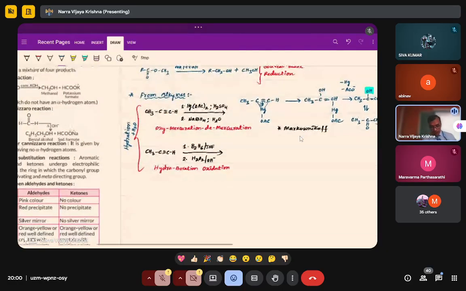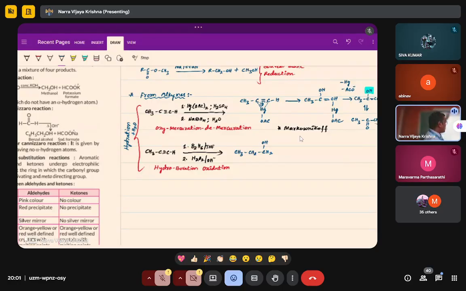But in the HBO reaction, OH got added to the less substituted carbon and H went to the more substituted carbon. Are you able to understand? Now, in oxymercuration demercuration, OH is coming on the more substituted carbon. In the HBO reaction, OH goes to the less substituted carbon. Of course, here there is a triple bond, so I need to do it like this.